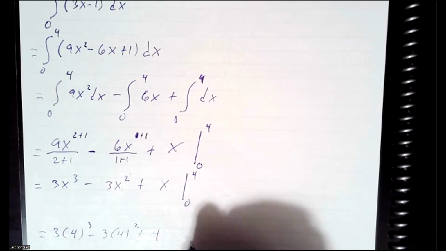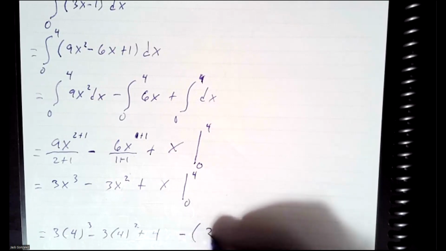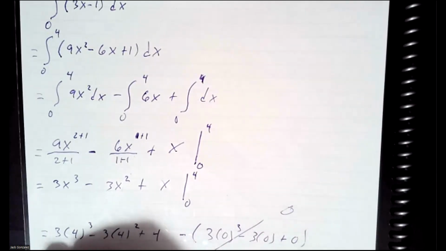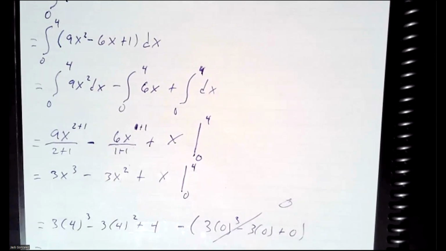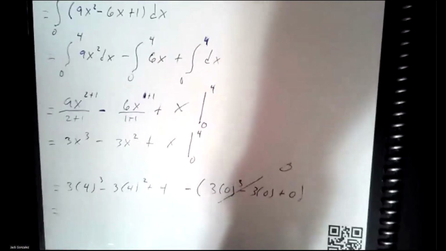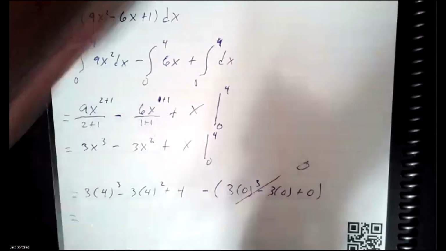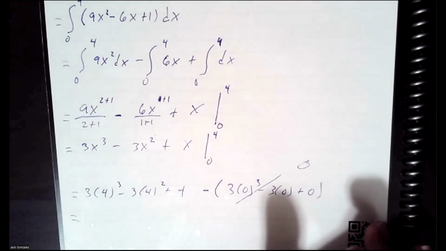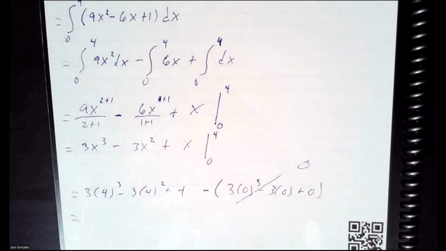So there's the first one, capital F at B, minus capital F at A. But since it's 0, it doesn't matter. Just deal with this. So that will be calculator time.